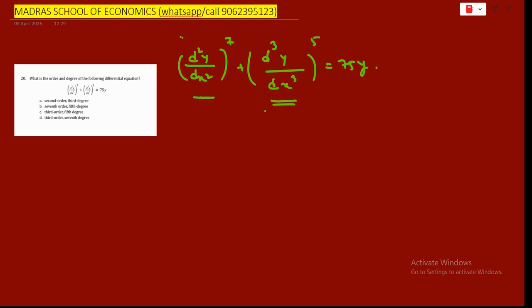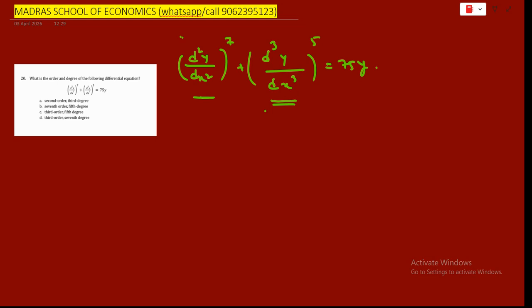That's like saying your younger brother is the head of the house because he has a louder voice. No. Now the degree is the power of the highest order derivative only. Okay. Once you pick the boss, like the third order, you ignore the powers of everyone else, and the third derivative is raised to the power 5, therefore the degree is 5.